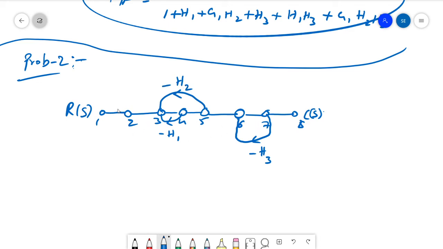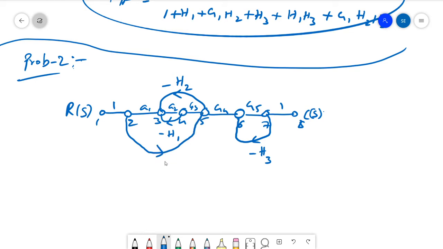Now the gains: G1, G2, G3, G4, G5, and another G we'll take from this node to 5.